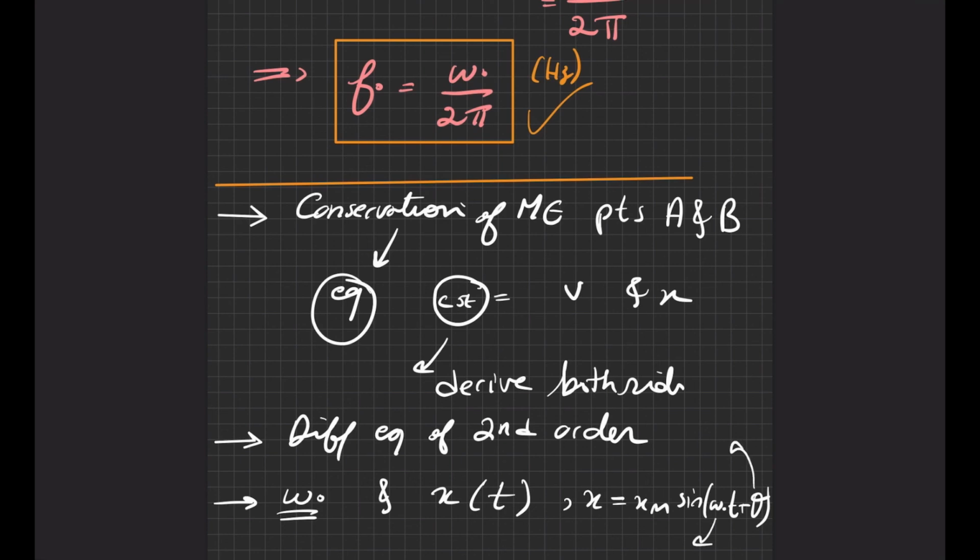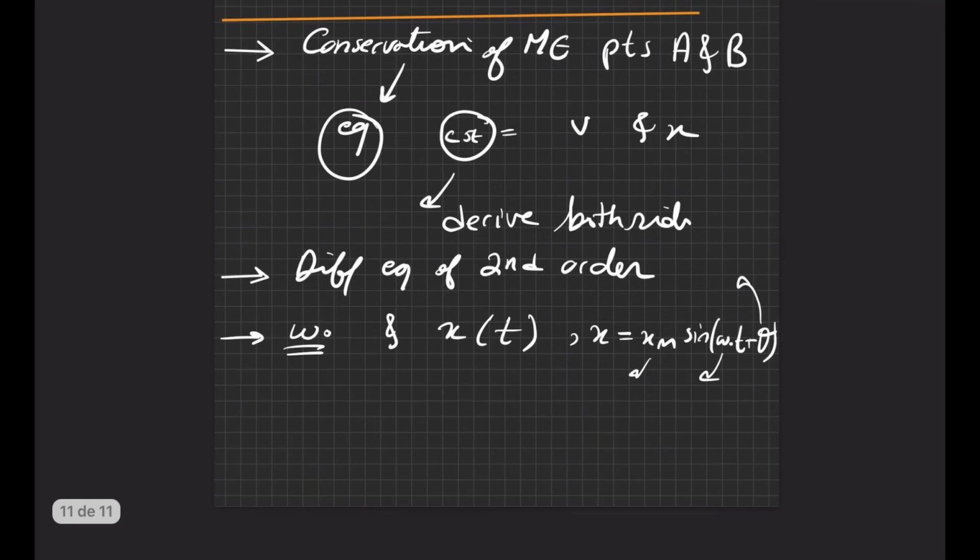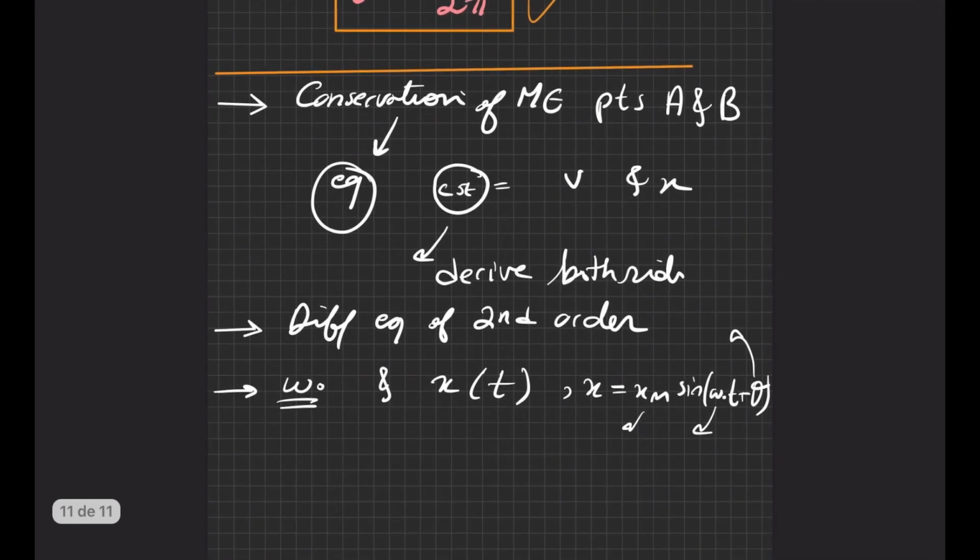We learned that omega 0 is the angular frequency, theta is the phase, and xm is the maximum elongation. And from these values, we deduced f0 and T0. So by this, we completed this part of deriving the equation of motion.